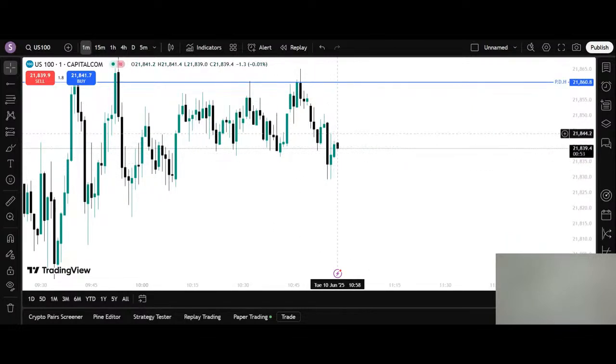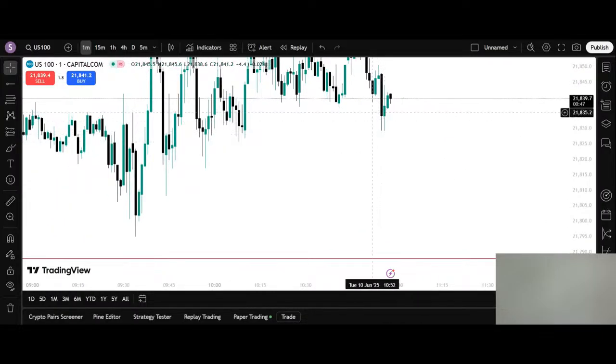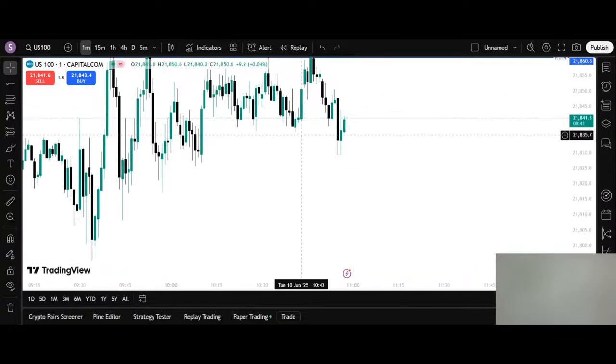Price has given us an FEG here, but I don't really trust it since there wasn't really momentum here. As soon as it took this low, it shot up.